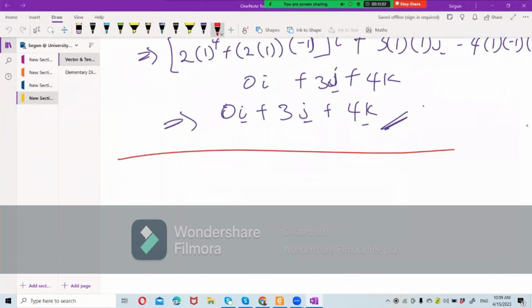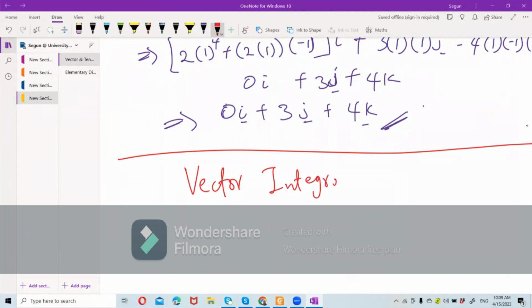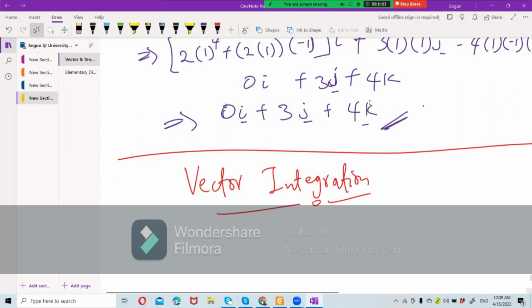Yes, sir. Today we'll be looking at what we call vector integration. Last week, in the last class, we did everything possible on the differential equation of it.